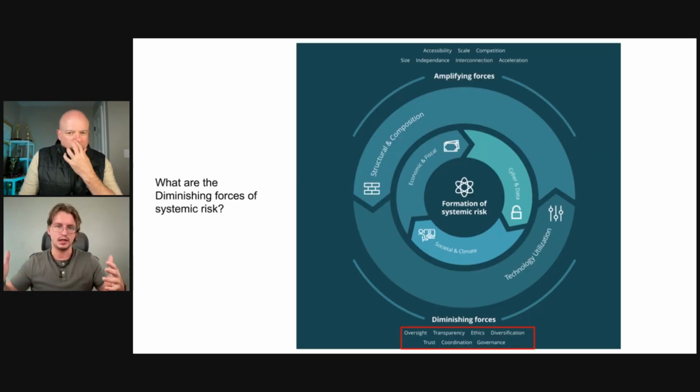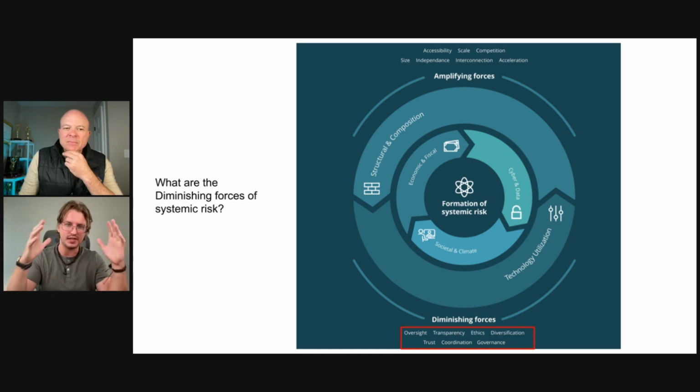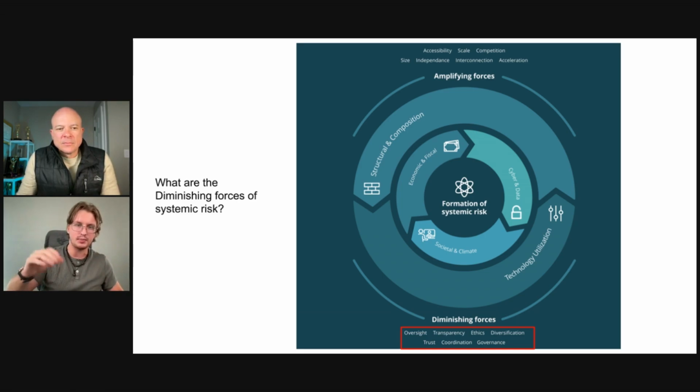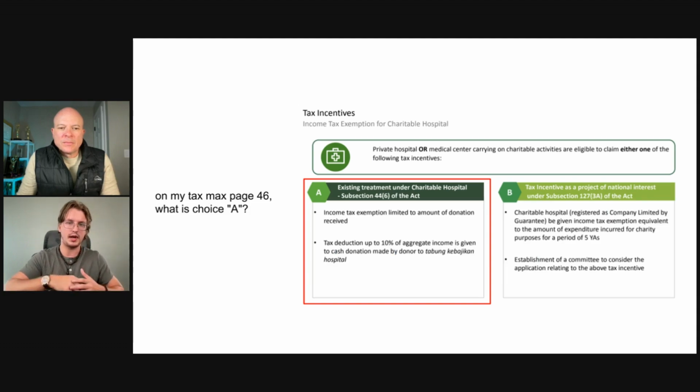We have other questions like, what are the diminishing forces of systemic risk? You have to observe this diagram, and on the bottom there's a bunch of diminishing forces that it lists. We also have more specific questions like, on tax page 46, what is choice A?